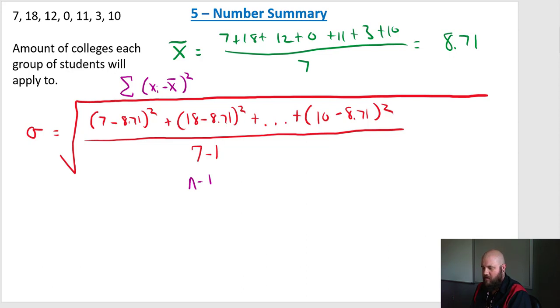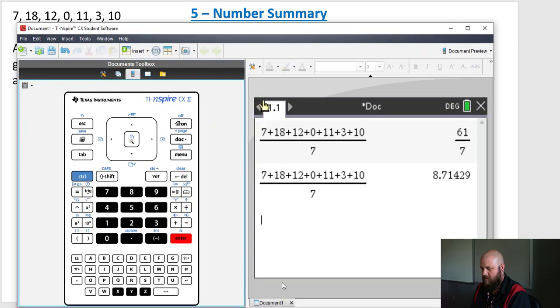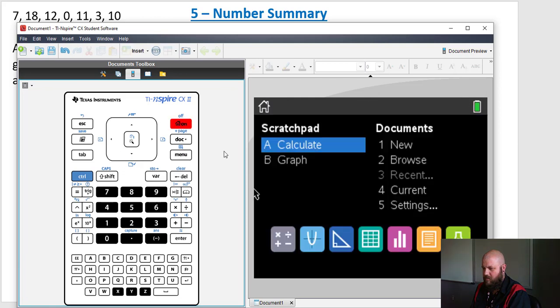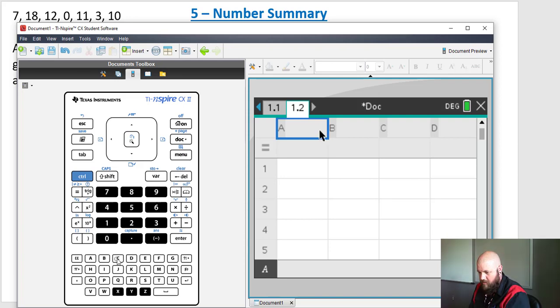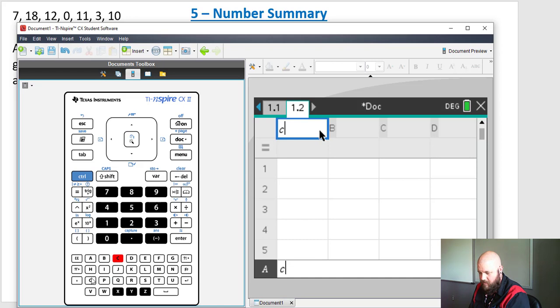All right, so on the calculator we can do that, but I'm going to make this a little bit easier and just have it do all the calculations for us, verify and check our answers. So with that, I'm going to go to the home spreadsheet. And again, we'll name this college. The keyboard is being touchy today, so I'll just use this.